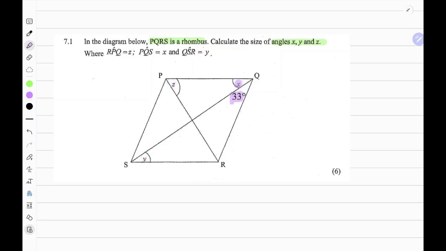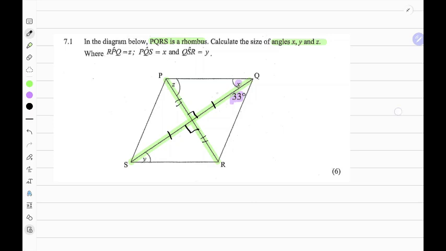To find the size of X, we need to recall the properties of a rhombus. Firstly, we can discuss the properties of the diagonals of a rhombus. These are the diagonals, and some important properties of the diagonals are that they bisect each other perpendicularly at 90 degrees.